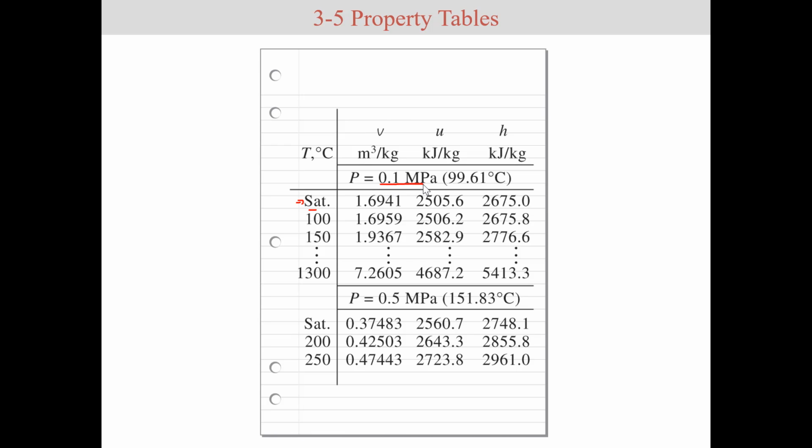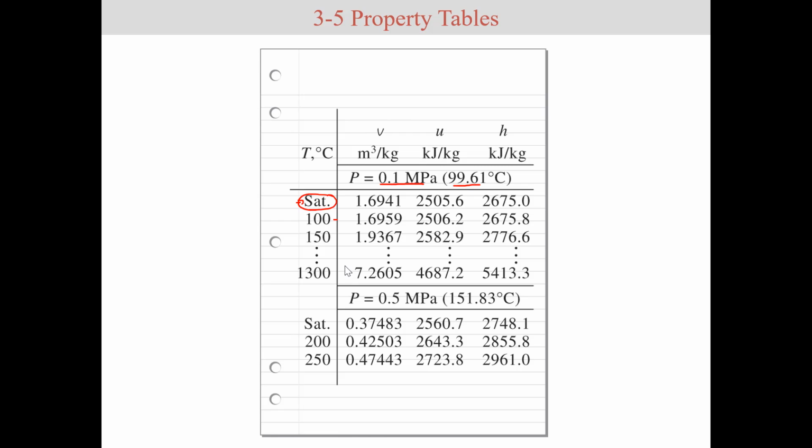Here's a pressure of 0.1 megapascals. At that pressure, water boils at 99.61 degrees Celsius. That's the saturation temperature. Then it increments up to the nearest 100 or 150. Here's 100 degrees, and then temperatures increase in increments of 50 degrees.